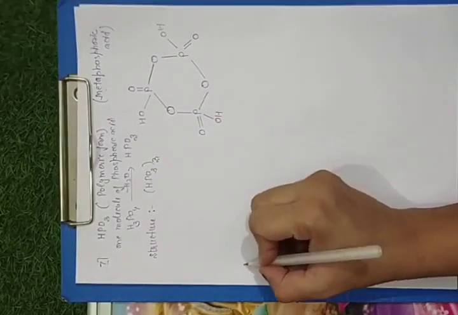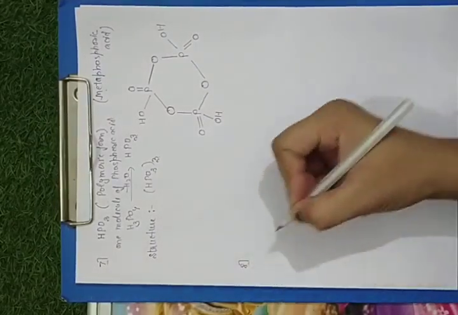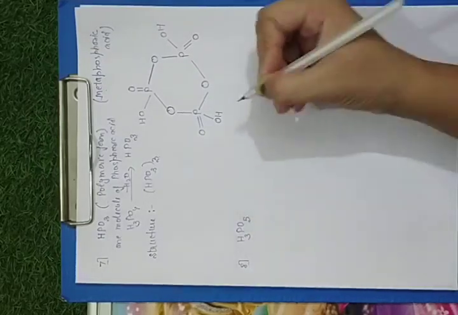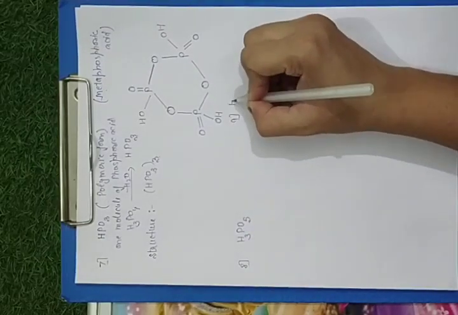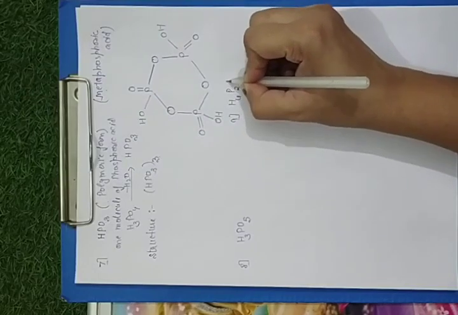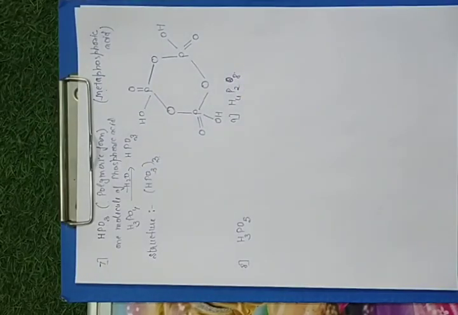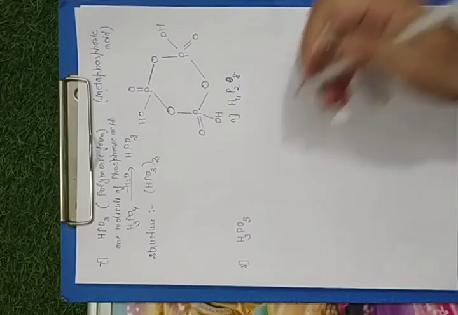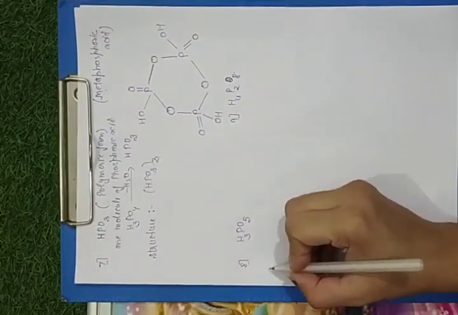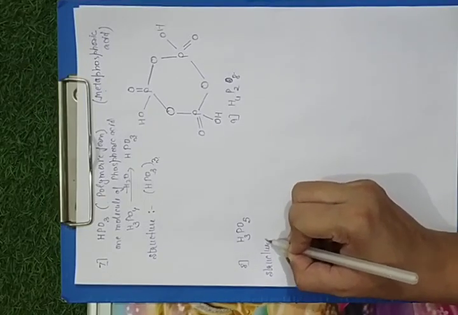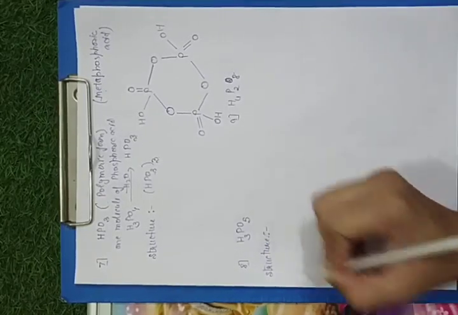Now the next one is H3PO5, and the next one is H4P2O8. Their naming is done with the help of structure, so first draw its structure.